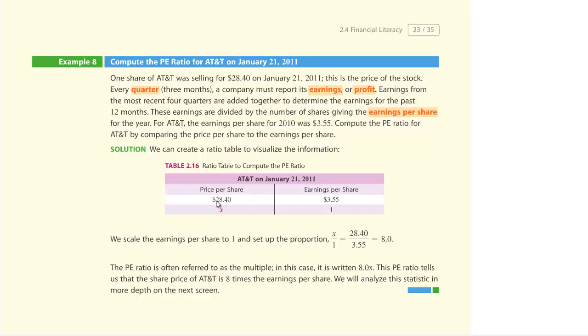So 28.44, if you divide that by 8, it happened 3.55 times. Every $8 price of the share earned $1 in earnings. Doesn't sound very good, right? It'd be nice if it was the other way around.